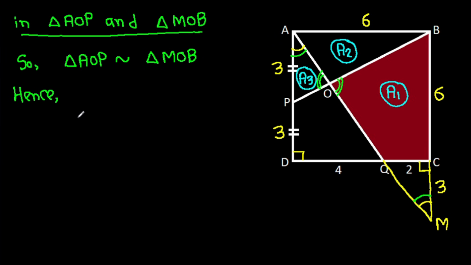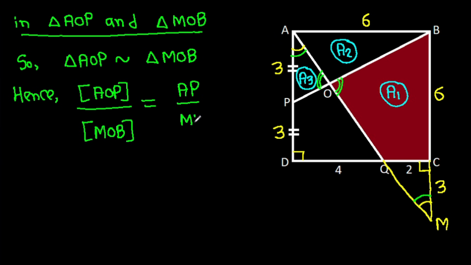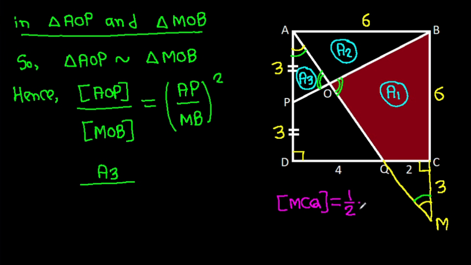Hence area of AOP over area of MOB will be AP over MB squared, and area of AOP is A3 over, and area of MCQ will be 1 over 2 times base 2 and height 3, so it will be 3.